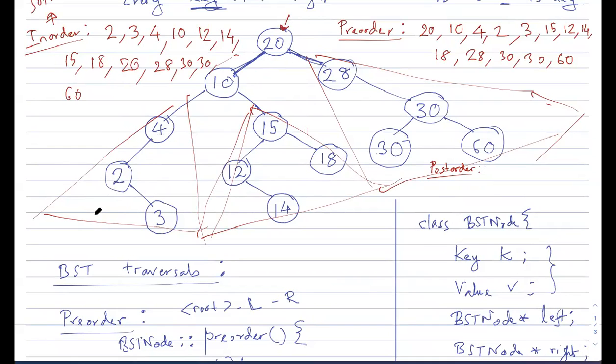Okay, it has nowhere to go further to the left. So it is now going to start going to the right, which is 3. So it will first print 3. And then after the children are done, it is going to print 2. After 2 is done, then it is ready to print 4.